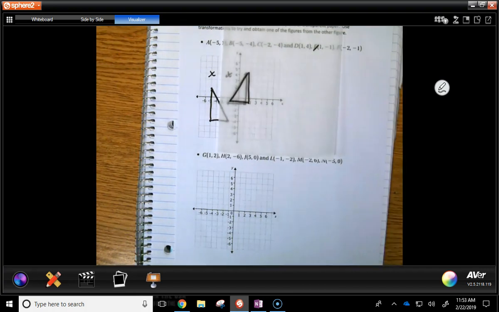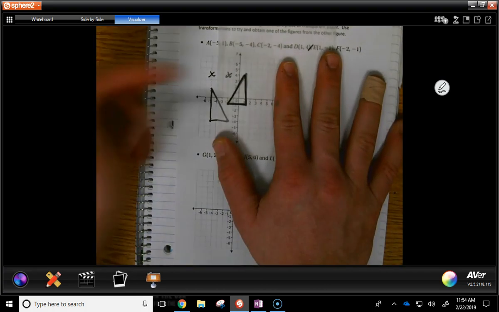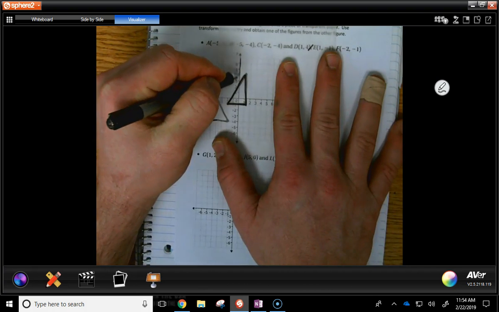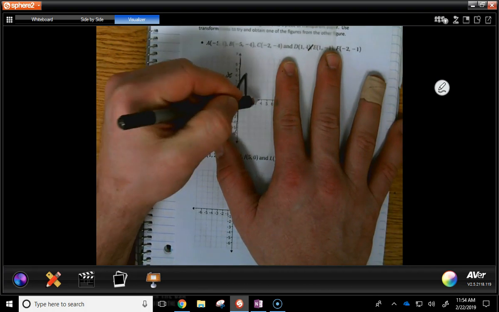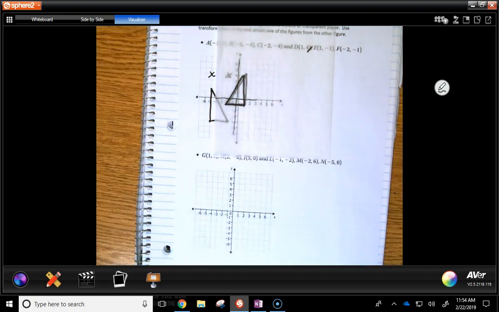Okay, so if you're telling me to reflect along the y-axis, I could do that, but what I would need us to do, I'm going to jump in real fast. You would want to mark on your transparency paper where my axes are. Alright, so now that we have that, go ahead and reflect on your y-axis.